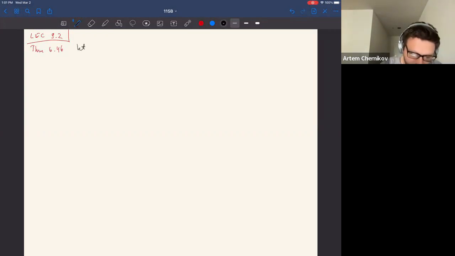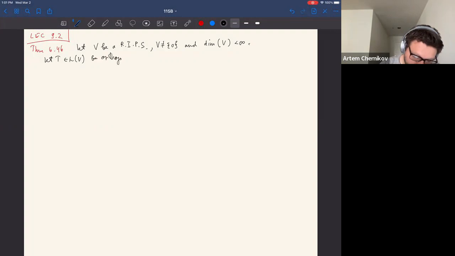This says that if V is a real inner product space, which is non-trivial, and the dimension of V is finite, then under these assumptions, let T be a linear operator on V which is orthogonal. Remember, orthogonal just means that it preserves distances or norms of the vectors.